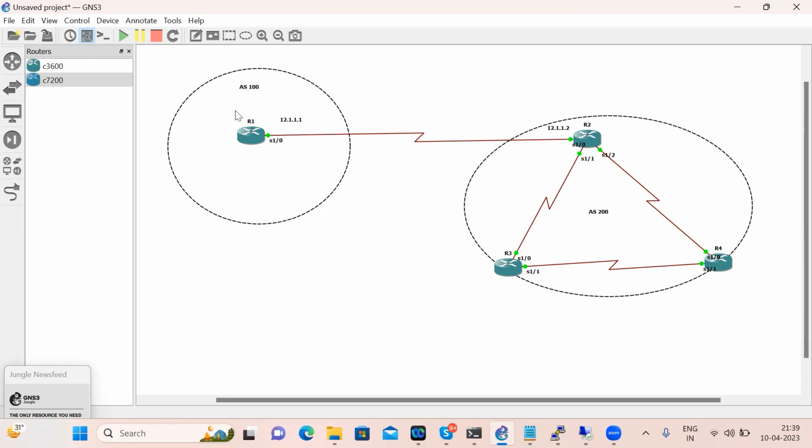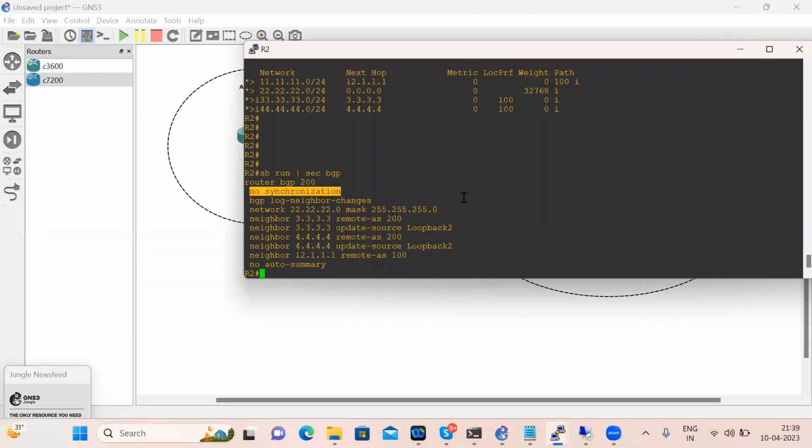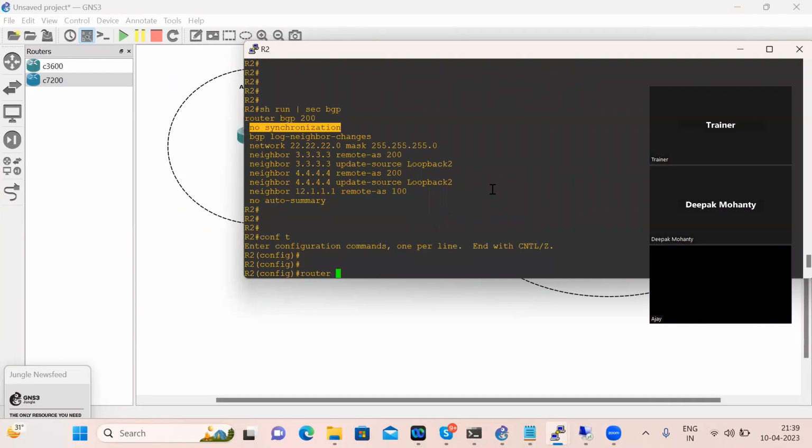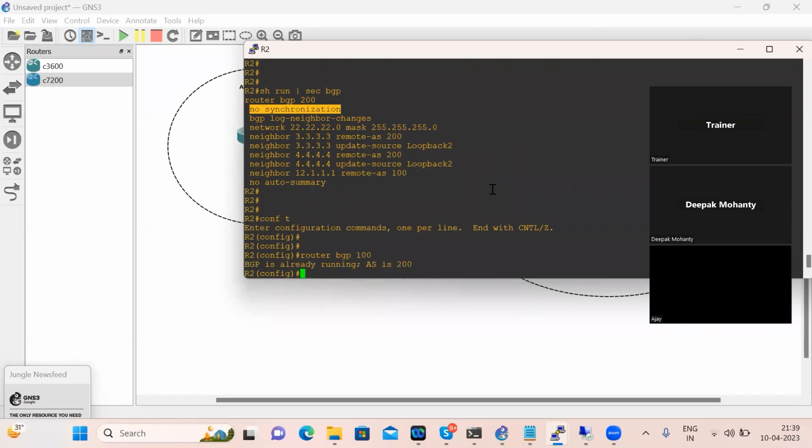The BGP rule of synchronization states that I won't advertise any eBGP routes. Let me show you practically what will happen over here.